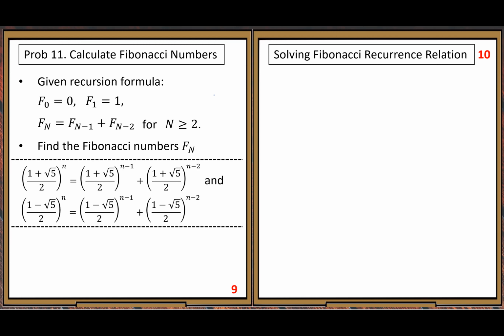That's the full name. What do we have so far? We have two non-integer solutions. Our goal is to combine two non-integer solutions to get one integer solution that satisfies the initial condition.